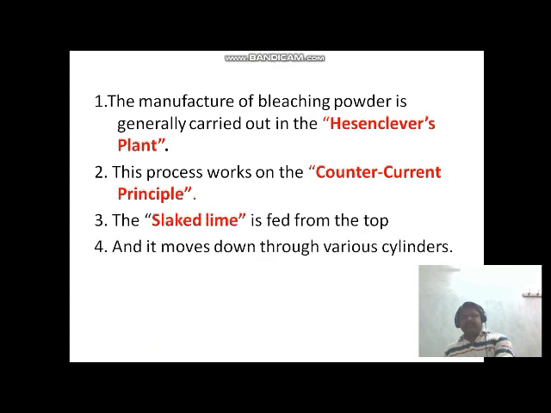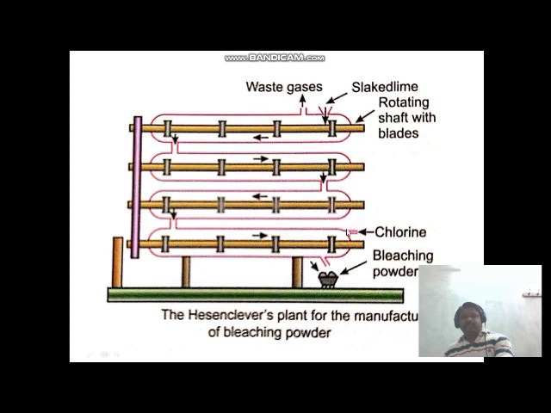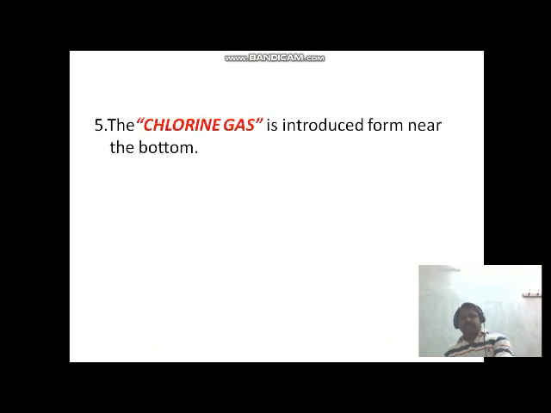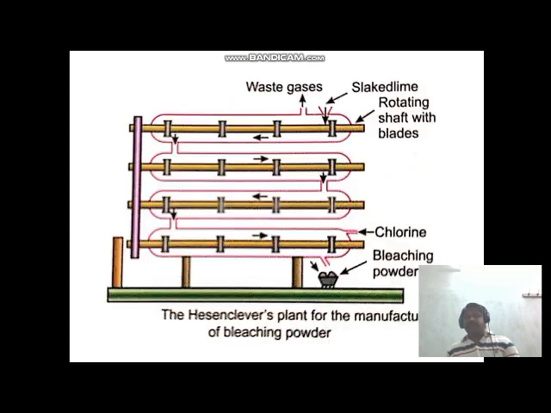It moves down through various cylinders. Already I told, the slag lime moves down the first cylinder, second cylinder, third cylinder, fourth cylinder. Next, the chlorine gas is introduced near the bottom. This is very, very important. Chlorine gas is introduced near the bottom, not at the top.